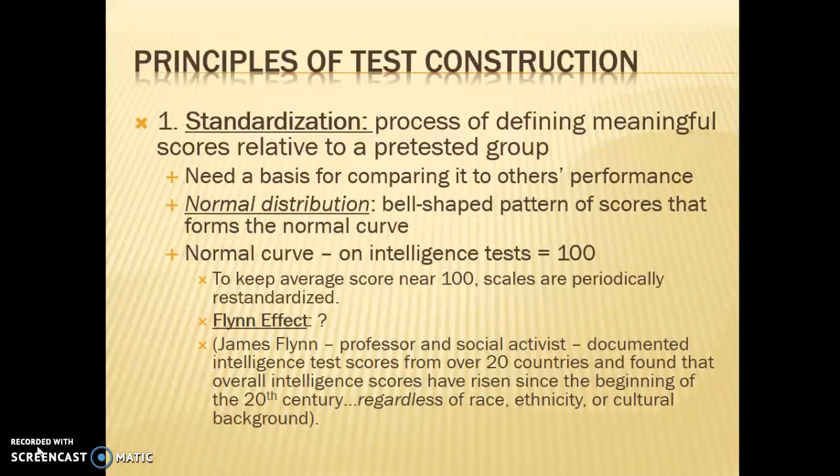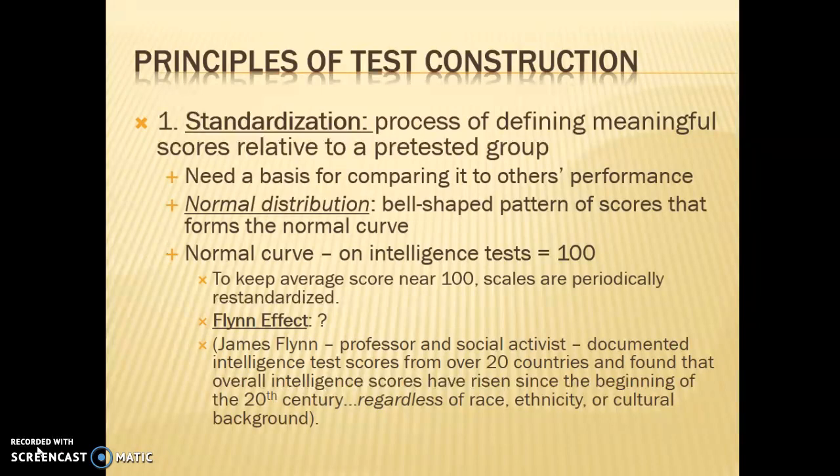So to standardize a test, you have to have a group to compare it to. You would first give the test to a representative sample of people to figure out what the standard is, and then you would give the test to other people and compare their scores to the representative sample, which is standardization. On the normal curve for an intelligence test, the average is 100.